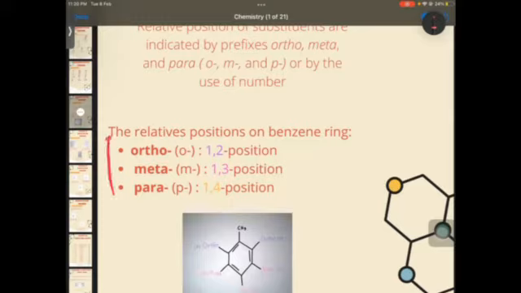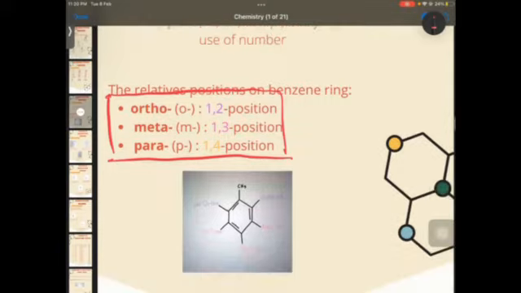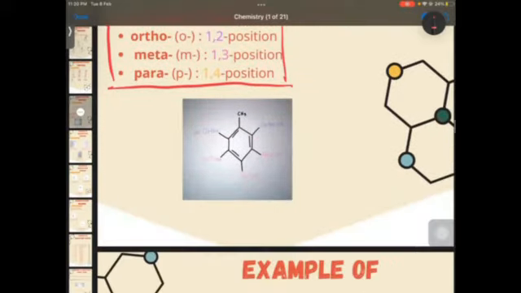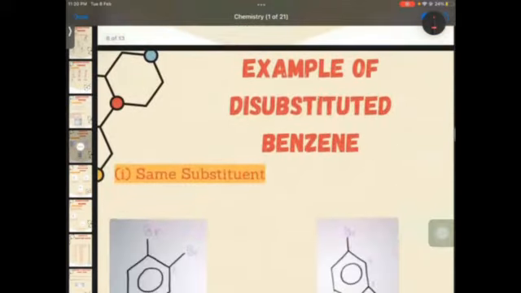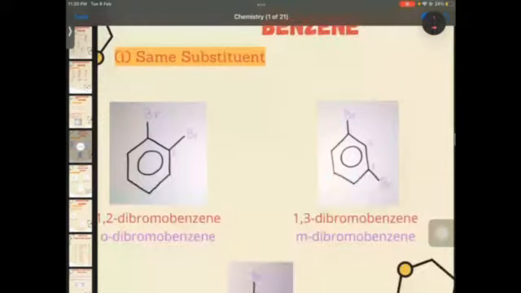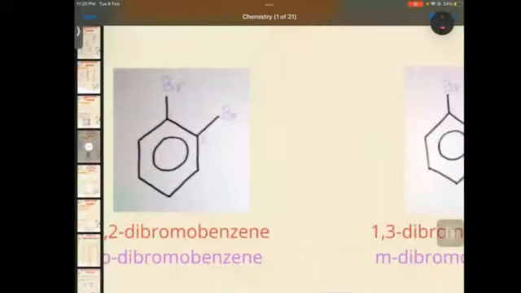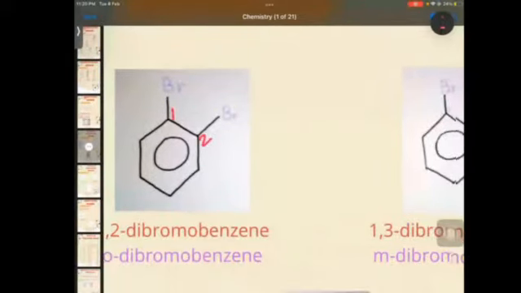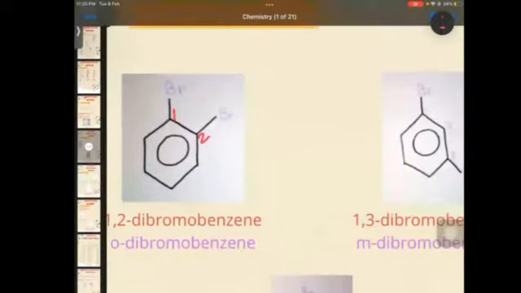So this you should remember, because this is really useful for the next part. So examples of disubstituted benzene for the same substituent. Okay, the first example, Br in carbon number 1 and carbon number 2. It will be 1,2-dibromobenzene.